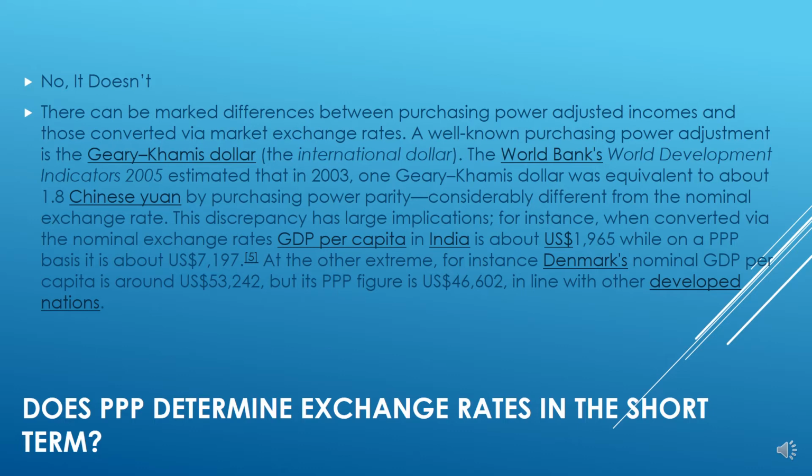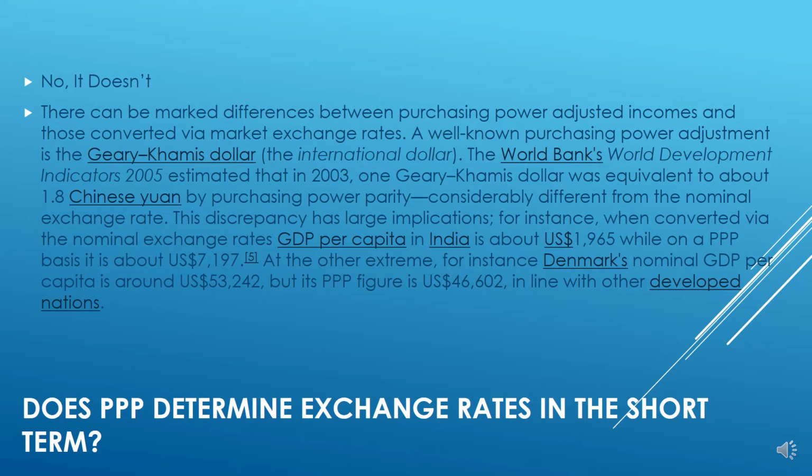At the other extreme, for instance, Denmark's nominal GDP per capita is around 53,242 US dollars, but its purchasing power parity figure is 46,602 US dollars, in line with the other developed nations.